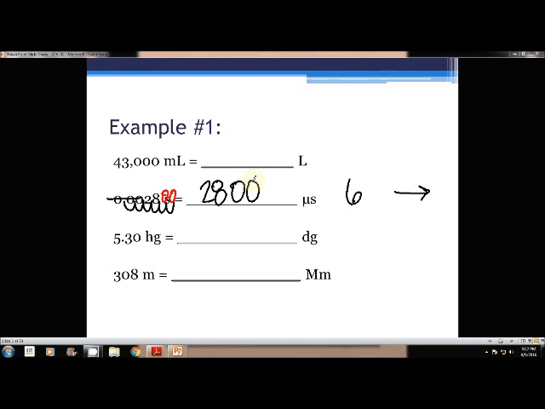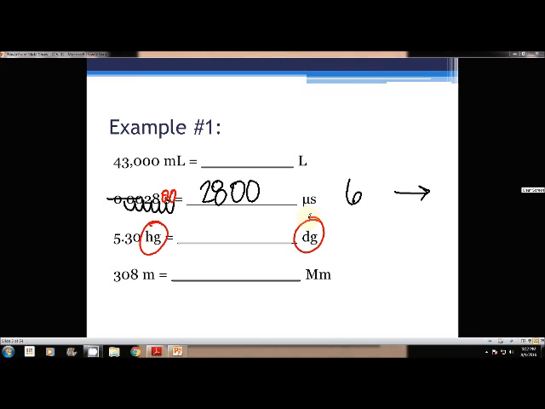So those both involved base. Let's now not incorporate base as a start or an end point. Okay, so we have 5.30 Hg, and we want to know how many lowercase dg that is. Okay, so we have our start and we have our end.